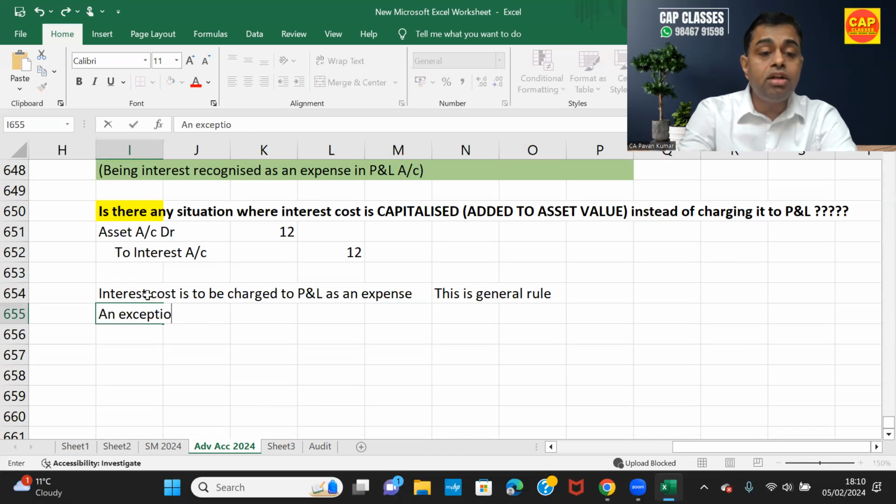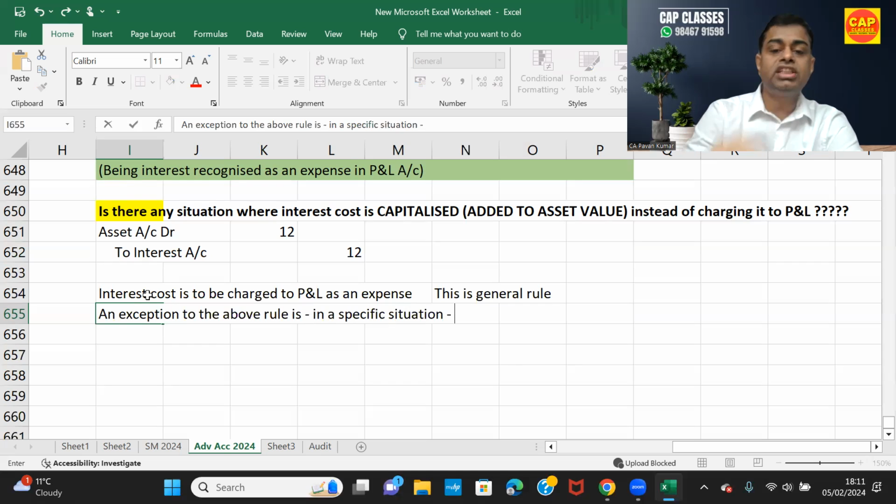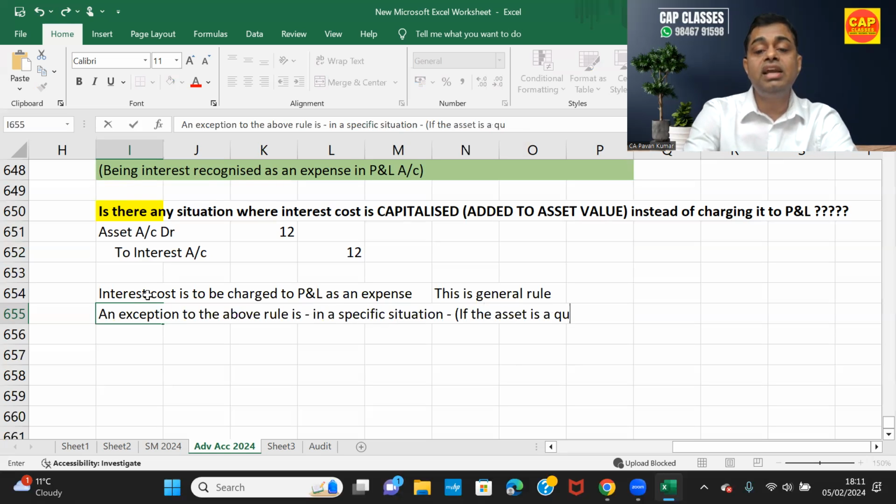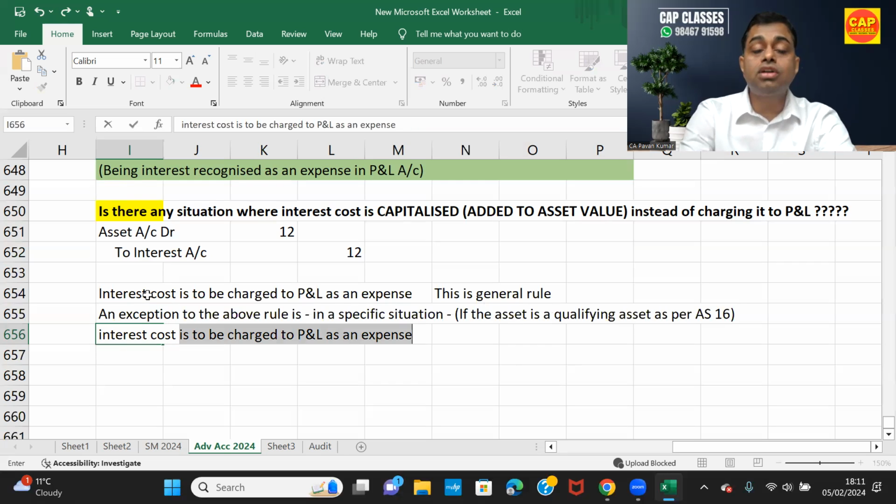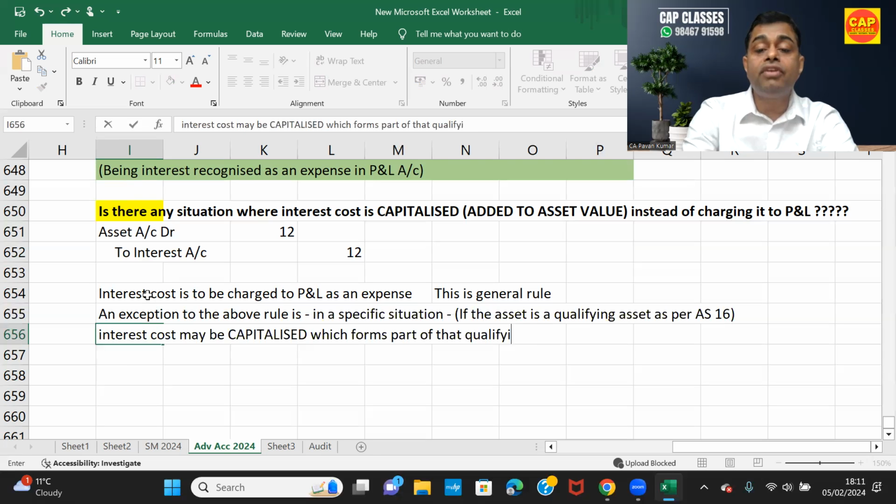An exception to the above rule is in a specific situation. What is the specific situation? If the asset is a qualifying asset as per AS 16, interest cost may be capitalized, or is to be capitalized, which forms part of that qualifying asset.